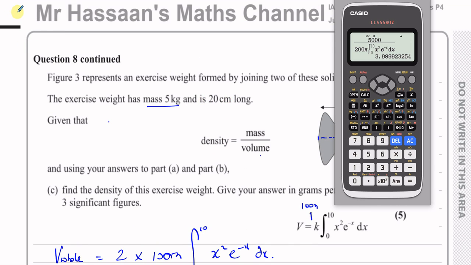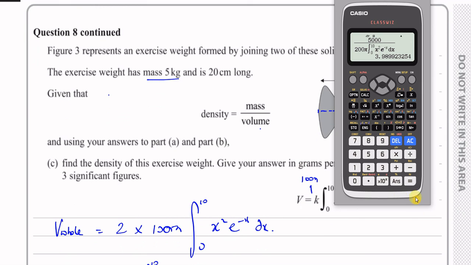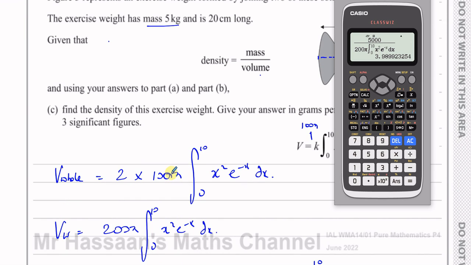Okay, and again, part A, part B, part C, they're kind of separate in the sense that if you didn't know how to do part A, you can still do part B if you know how to do integration by parts. And if you didn't know how to do part A, for part C you might get some marks without having the 100 pi or the 200 pi there.